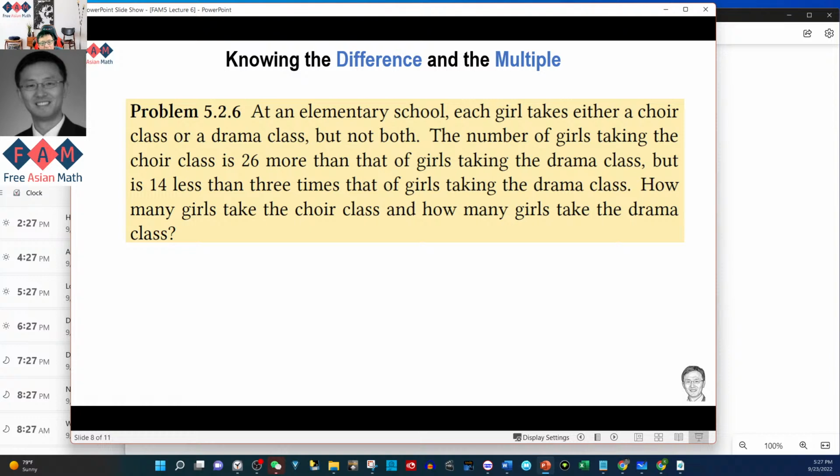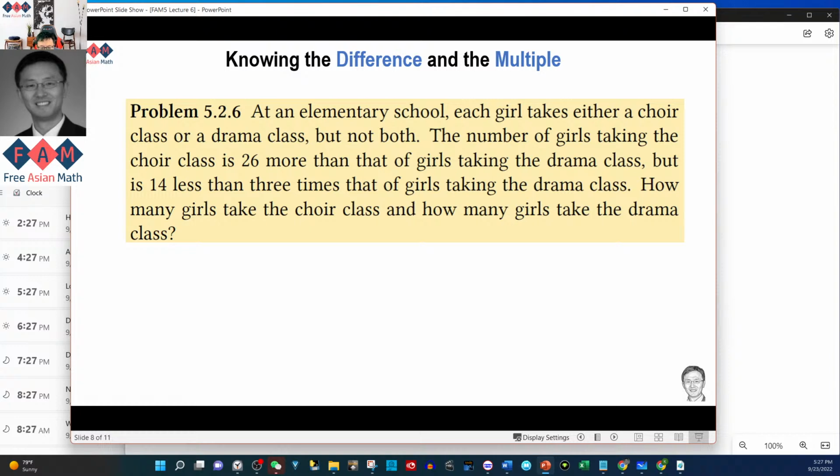If we can figure out that number first, then we can figure out the real number of the girls taking the choir class by subtracting 14 from that hypothetical number, right? It's the same relationship. We just do a hypothetical situation. What if now the number of girls taking the choir class increased by 14? What happened then?